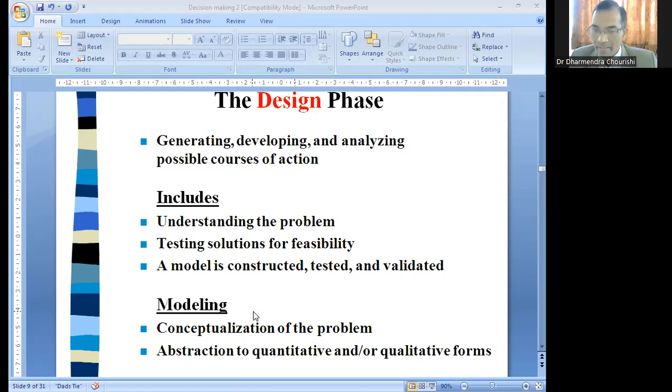So in this stage, the concepts, the problem, and the basic reason for the decision making will be defined. Likewise, abstraction of quantitative and qualitative forms will be made.